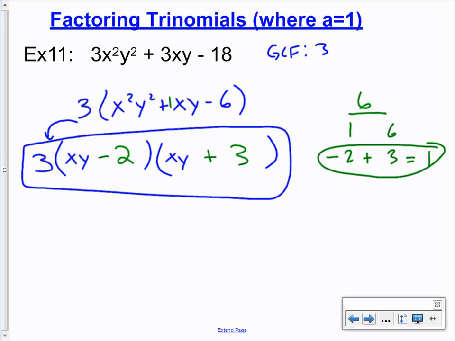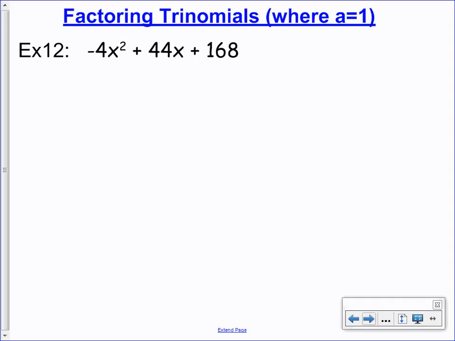Let's do it. Put a star next to this one, because old Craig loves to put these ones on. Is it different because it's negative? There is a negative. When there's a negative in the front, your GCF is a negative.